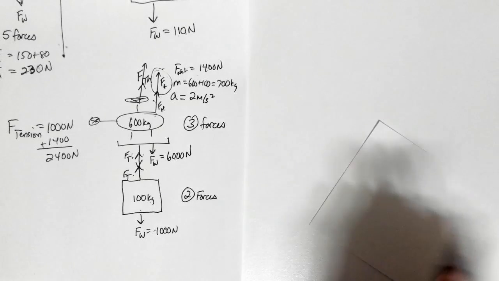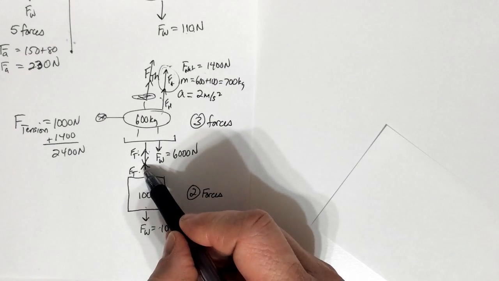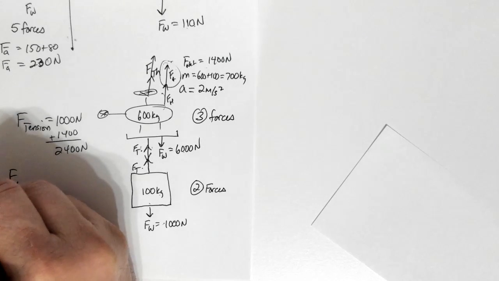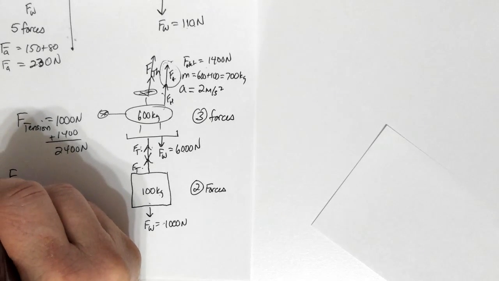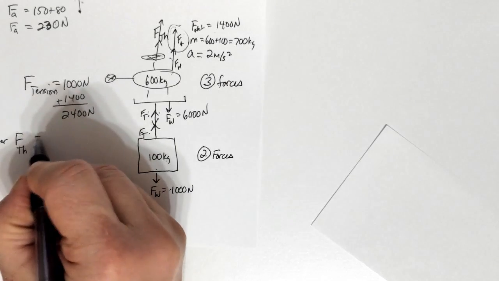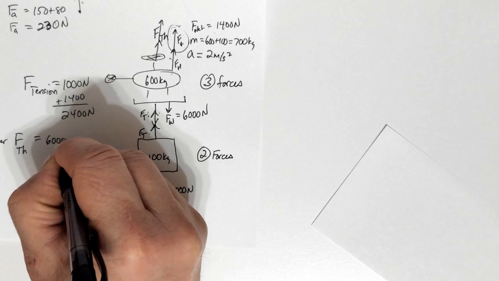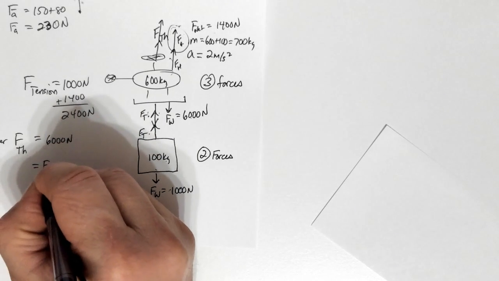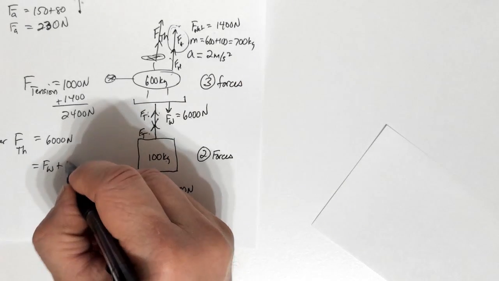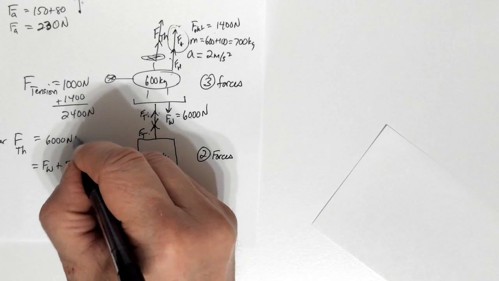Now the helicopter has a problem. It has to feel the tension, force of the thrust, which is the helicopter. We're going to need to figure out all the forces. We need the thrust to cover the weight. Plus, it needs to cover the tension, which is pulling on it, which we found to be 2400.